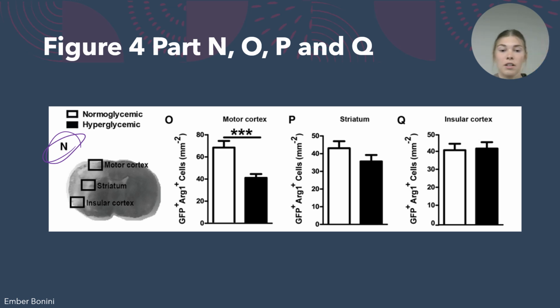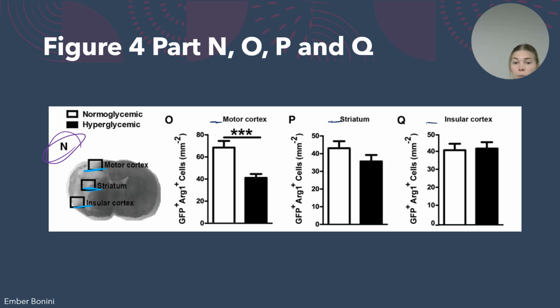So we have our motor cortex, which is going to be this top area, our striatum, which is the middle, and then our insular cortex. And then what they did when breaking this down to look into the results is take each section and make their own little graph for it. So as you can see, O is the motor cortex, P is the striatum, and Q is the insular cortex.